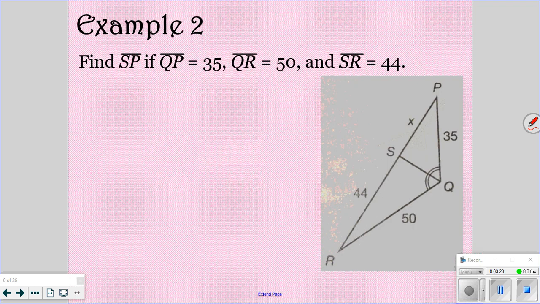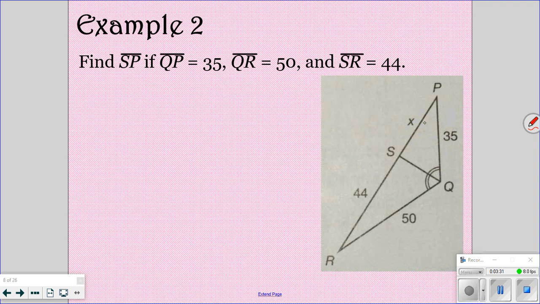So if we have this triangle here and we want to find SP, that's the length of x, we can say this side, 35 over x, is going to equal 50 over 44. That's how you're going to set up your ratios every time. Side over this side, and then this side over that side.